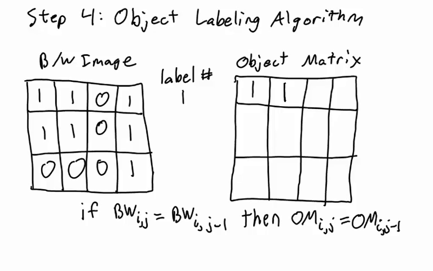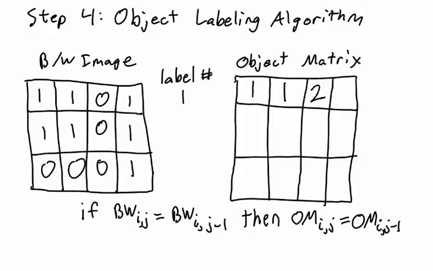The next pixel has a black-white image value of 0, but the previous pixel has a value of 1. So those values are not the same, and so I will place the next label value. And I'll increment the label number.